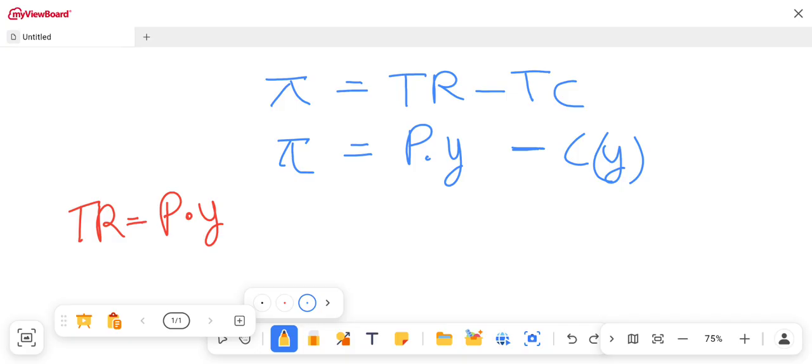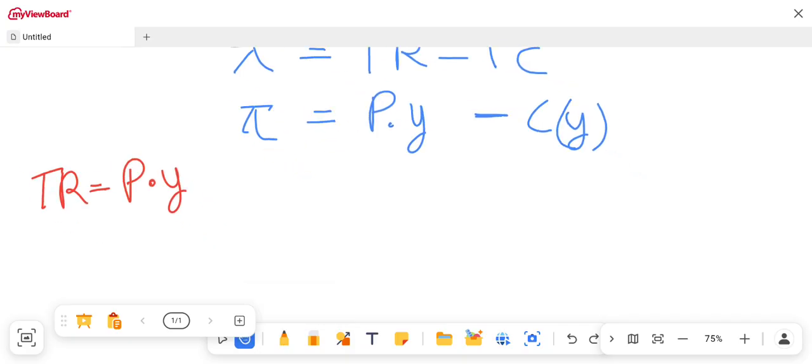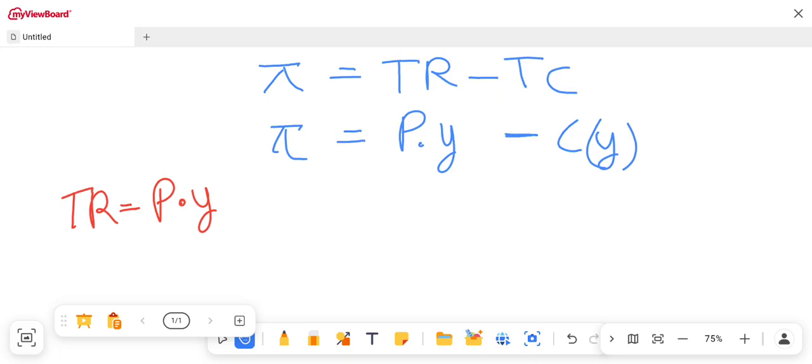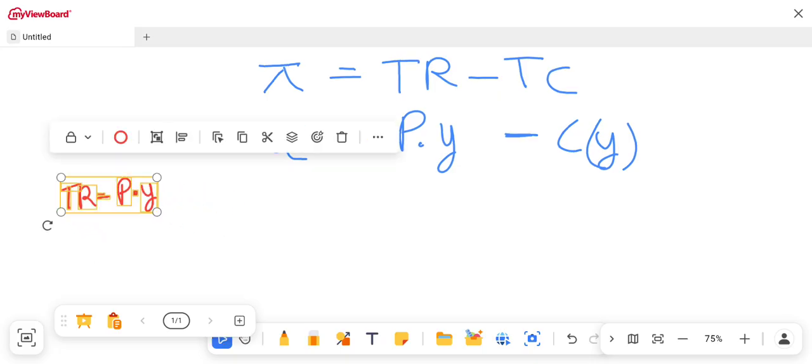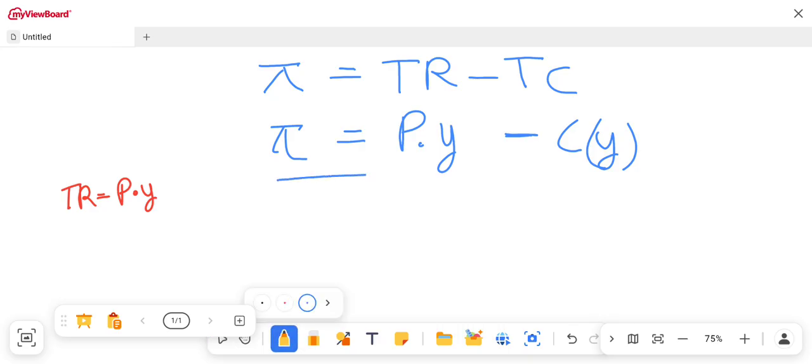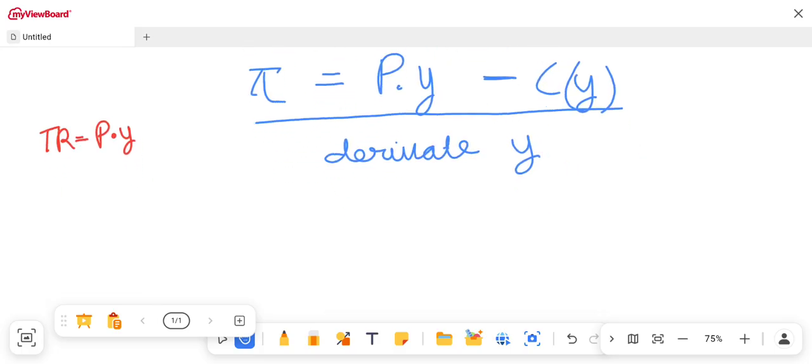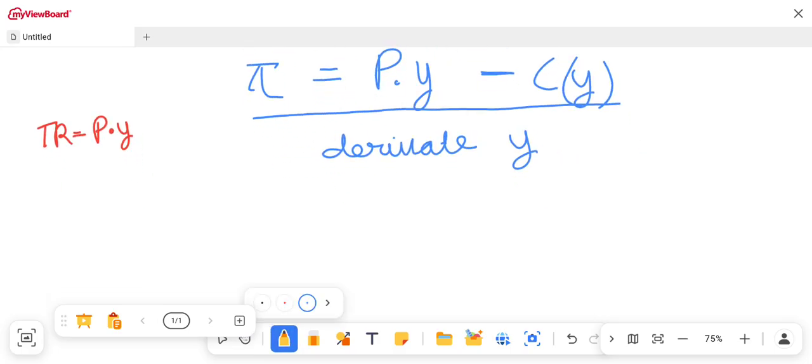Now what we will do is we will derivate this with respect to Y. You should remember we will derivate it with respect to Y. So what we get is d pi upon dy equals to, we will apply product rule here.